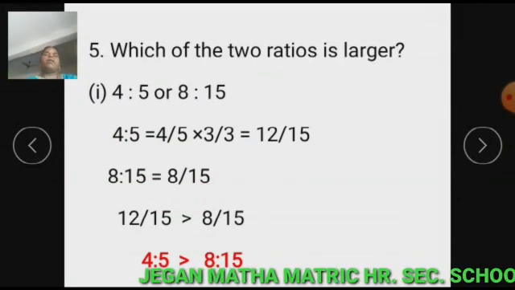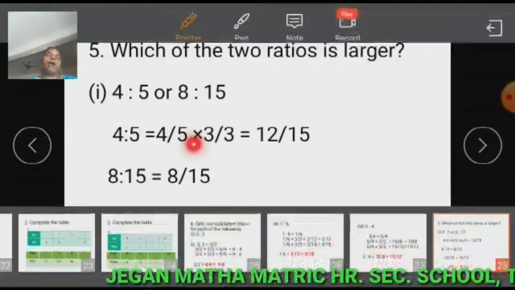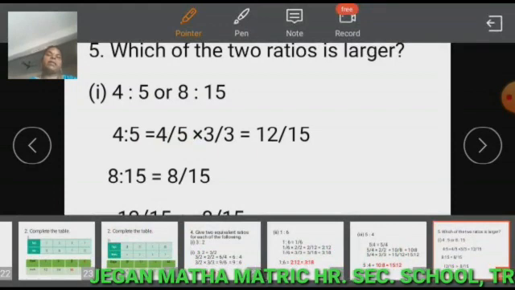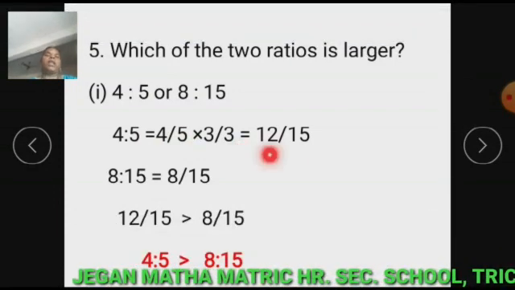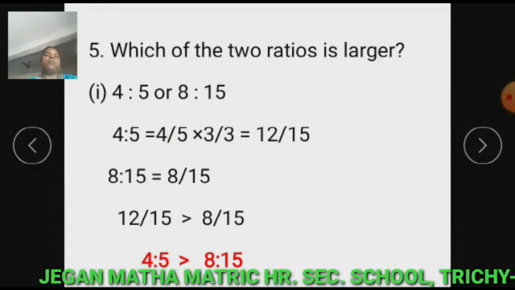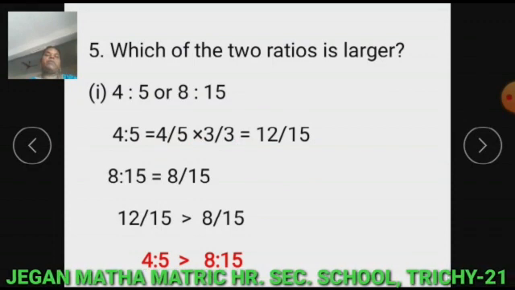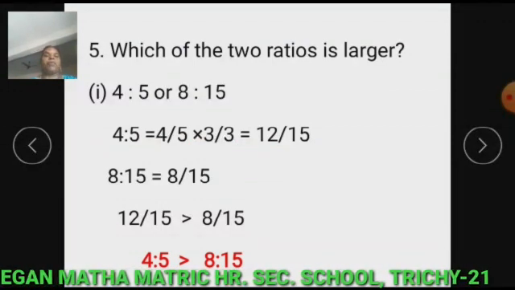So 4/5 is multiplied by 3/3. We get 12/15. So now the fractions 8/15 and 12/15 with common denominator 15.